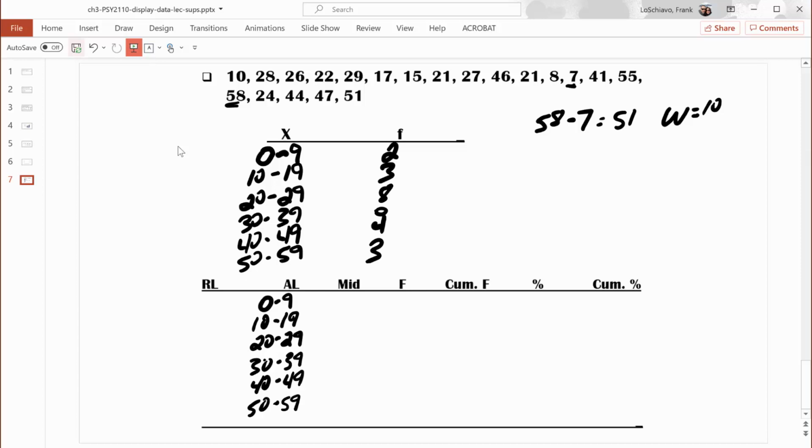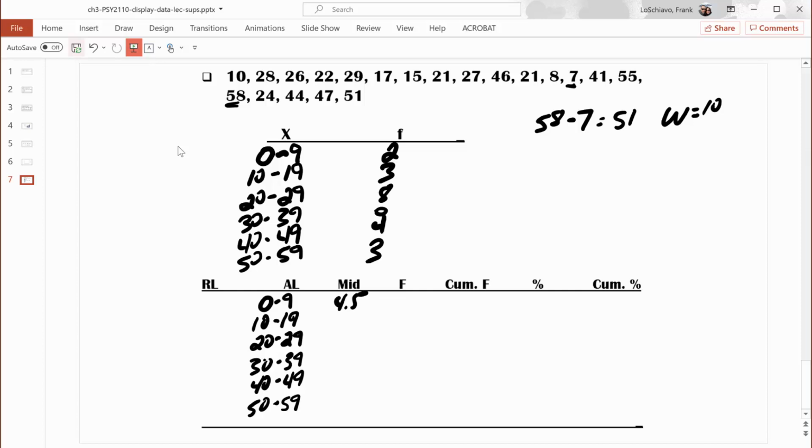And at this point, it's pretty easy to find the midpoints. The midpoint is just the point between the starting point and the ending point. And really, I think the easiest way to find it is just to average the starting point and the ending point of each interval. So the starting point of that first interval is 0, the ending point is 9. 0 plus 9 equals 9, and 9 divided by 2 gives us a midpoint of 4.5.